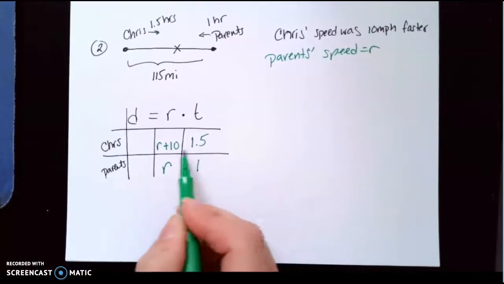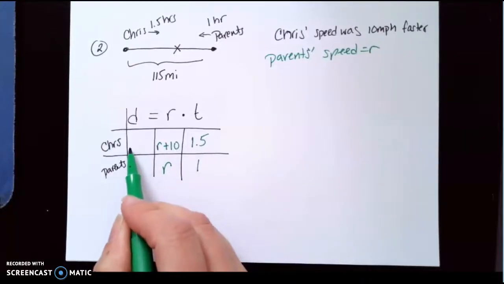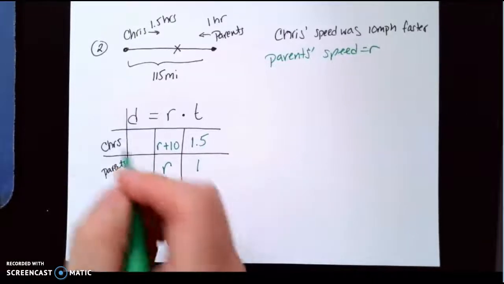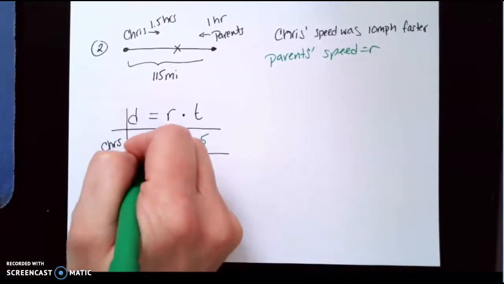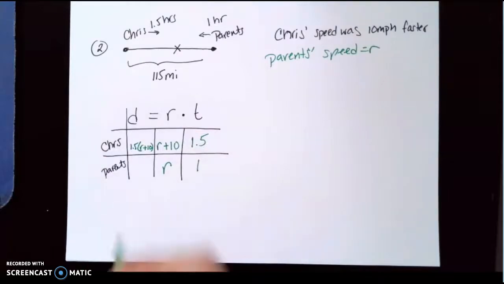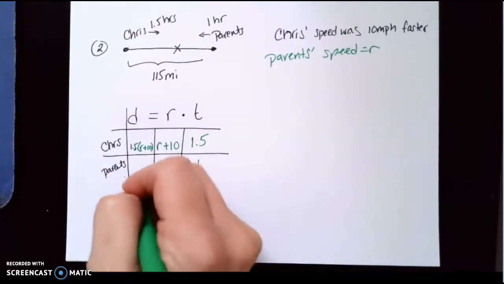Right, and once again, we could fill in the distance for each of the parties by multiplying. So 1.5 times r plus 10. I could distribute that there, or I'll do it when I need to. And then 1 times r is r.